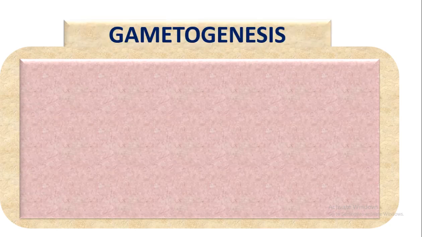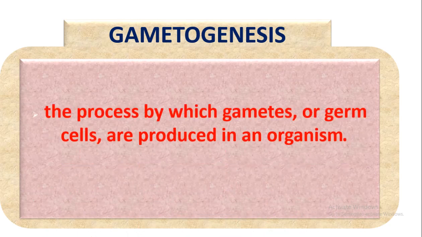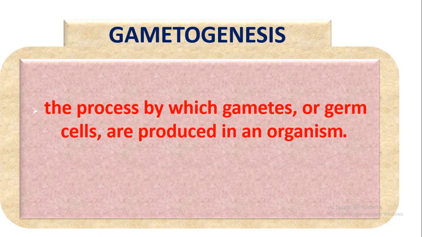So let's quickly go on to the next step, which is our main objective. And our main objective is for me to explain what gametogenesis is. Gametogenesis is just the process by which gametes or sex cells are produced.